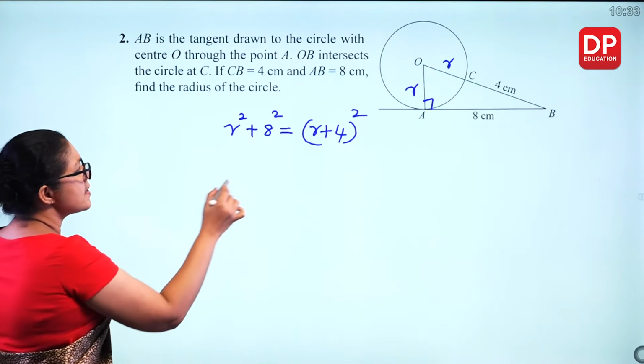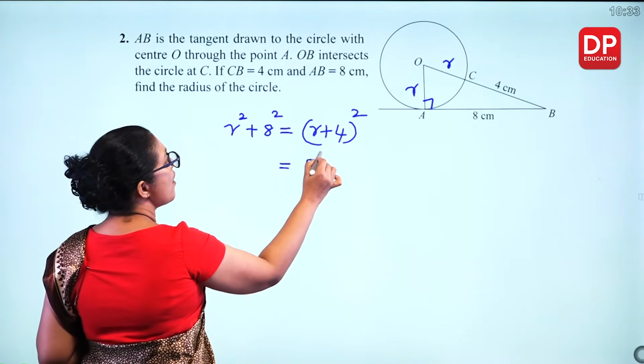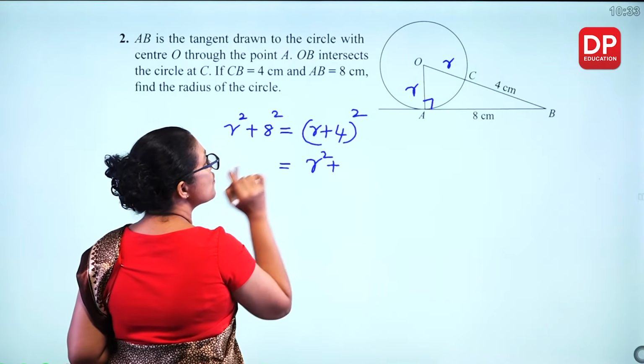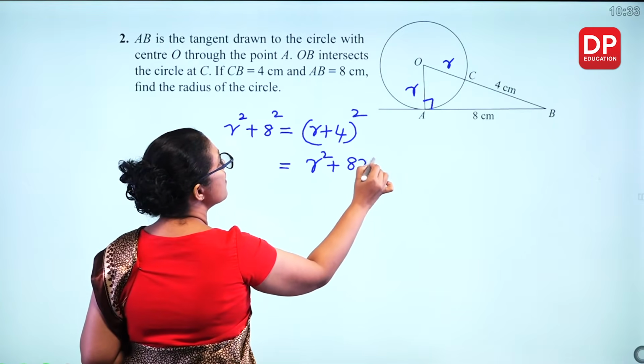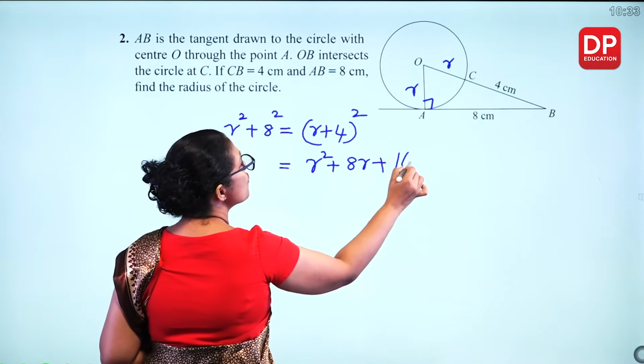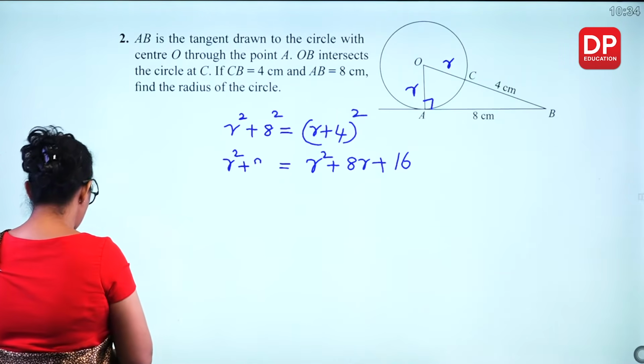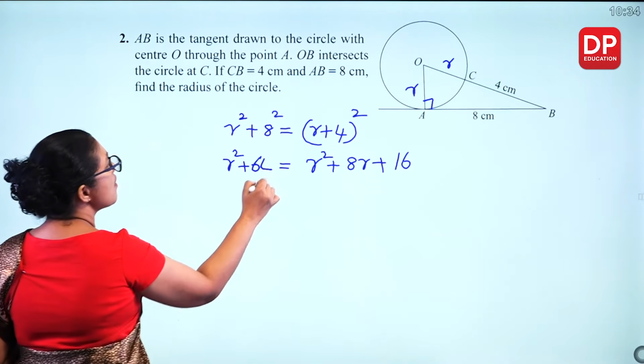Now open brackets. Square of the first term, double of these two: 2 times 4 times R, 8R. Square of this one, 4 squared is 16. R squared plus 8 squared, you can write down 64.